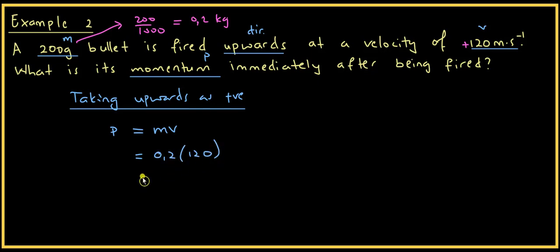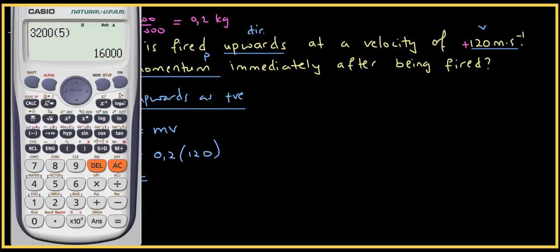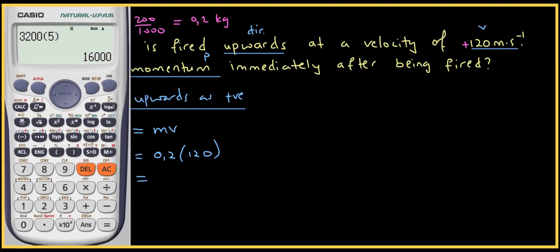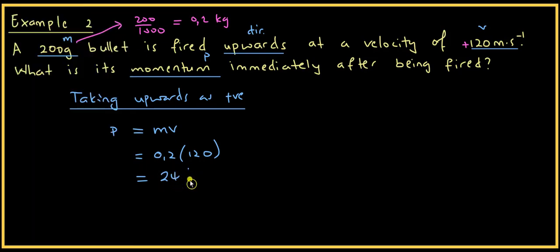All right, then we have to calculate 0.2 times 120, that's 24. So I get 24 kg meters per second. What's the direction? Upwards. Since my answer is positive, the direction will be that positive one that I've chosen.